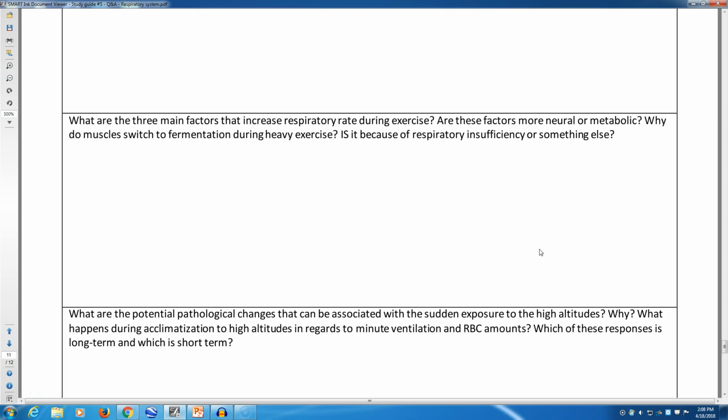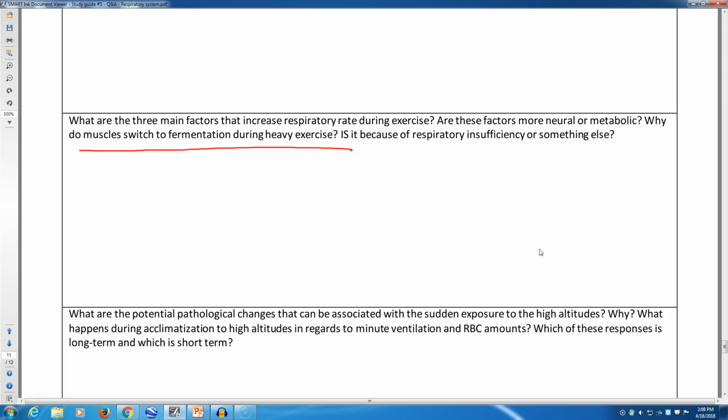CO2 concentrations, oxygen concentrations, pH in the blood. Do they really change during exercise? They do not. Because ventilation increases, perfusion increases, saturation stays the same, everything stays the same. Does that make sense? Why do muscles nevertheless switch to anaerobic respiration, fermentation, during exercise?